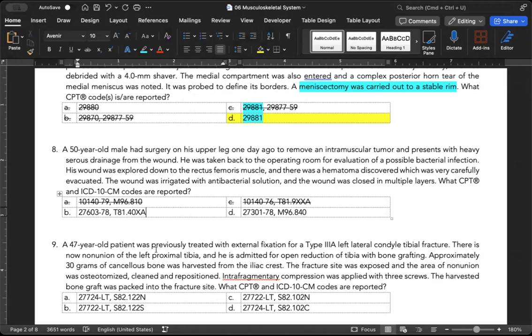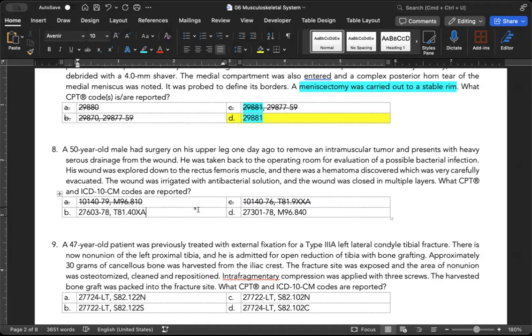So we did it in the upper leg. The upper leg is considered the thigh region. 27603 is leg or ankle, and 27301 is thigh or knee.